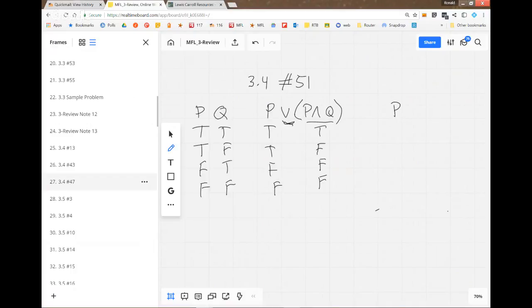And the OR is only false when both are false. So the bottom two. That's correct. So here's what we got. I should put an arrow there, but anyway, that's boiling down that first statement now.